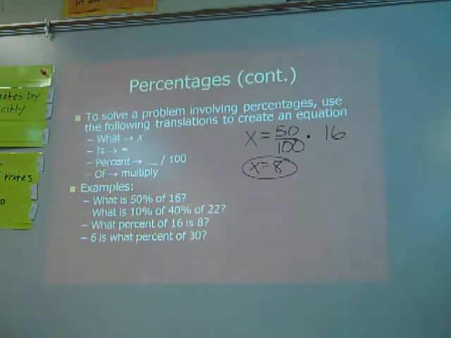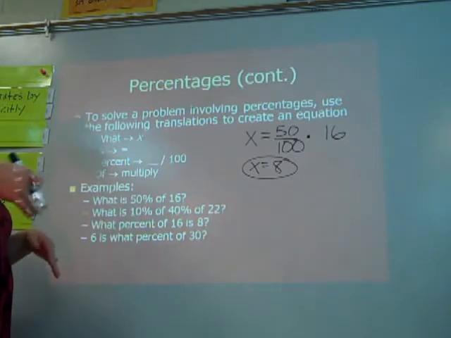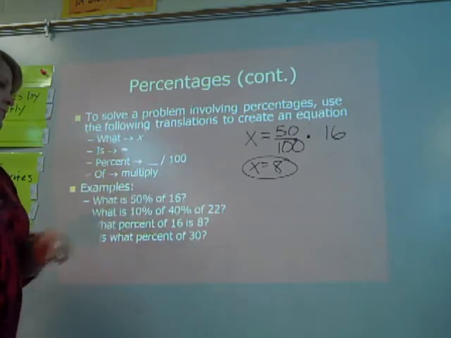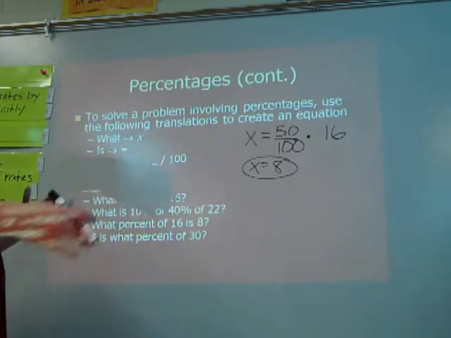Right. Where this method is really useful is on a problem like the next one, where you've got multiple percents going on. If you use the is over of equals percent over 100, you have to do that multiple times if you have multiple percents. Whereas with this method, you just write one long equation.